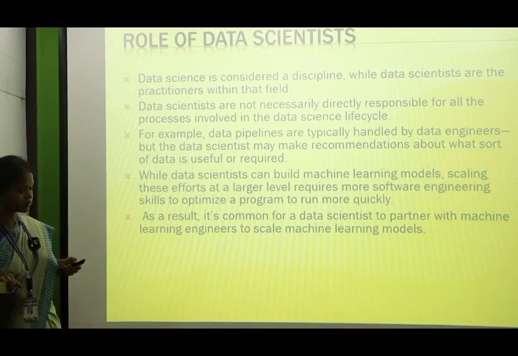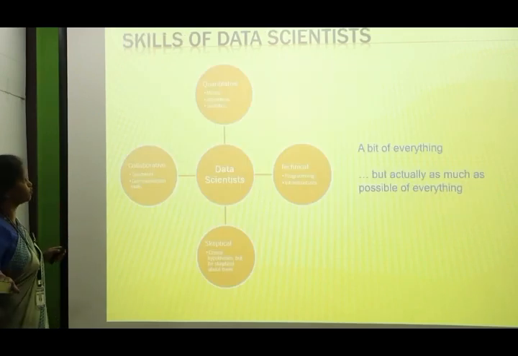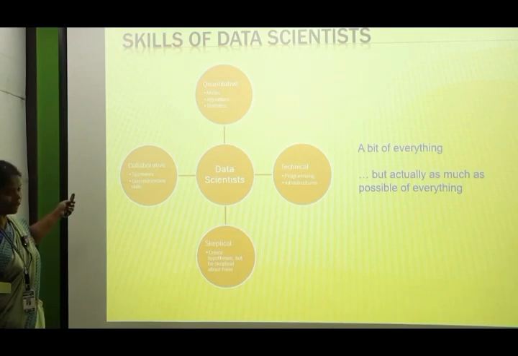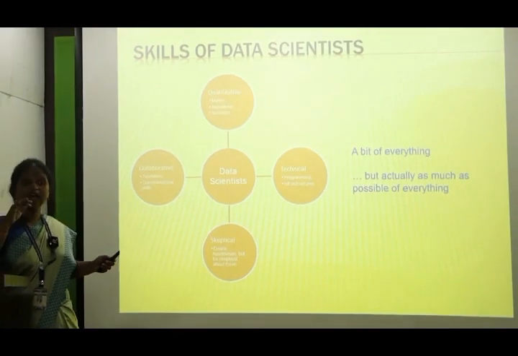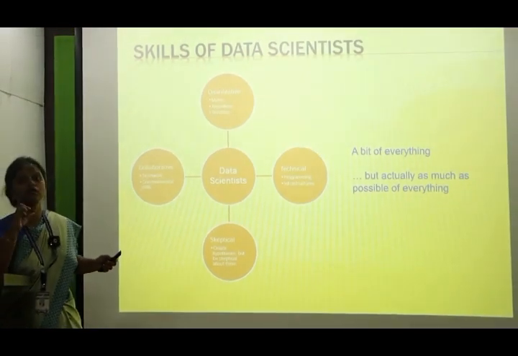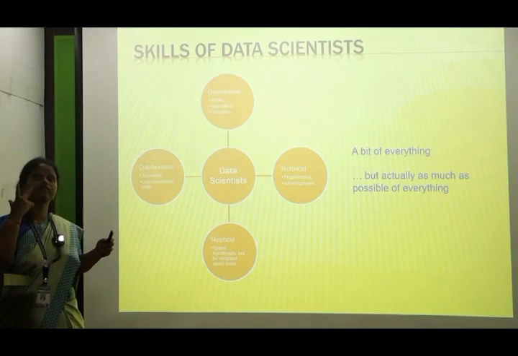Next, skills of data scientists. So what skills do they have to possess? They have to be collaborative, they have to be skeptical. Skeptical in the sense that they have to have more knowledge about the particular data they are using.